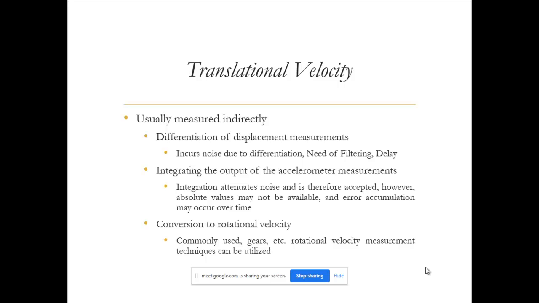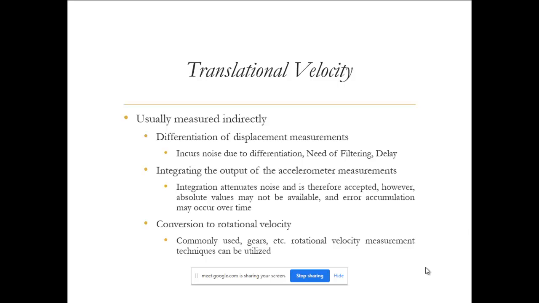We do use some techniques to measure this velocity, but mostly in the industries or in the applications that we desire, we usually measure this quantity indirectly. We do have some direct measurement techniques also available for the translational velocity, but most often the linear velocities are generally measured indirectly.